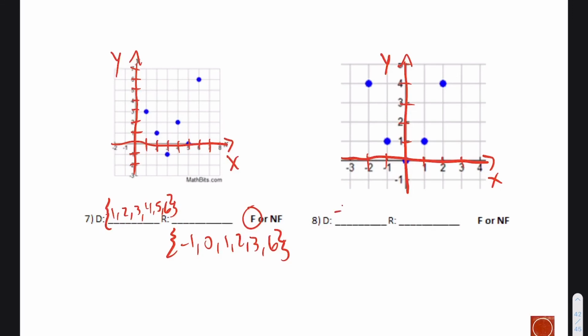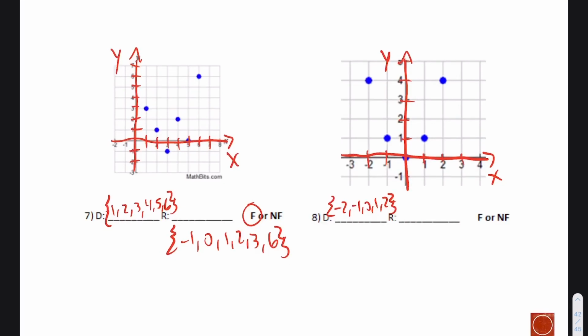So we have -2, -1, 0, 1, 2. Put those in the set notation. Then we are starting from 0, then going to 1, and then up to 4. 0, 1, 4. They need to go in the braces, or else it's not a set. None of the X's had 2 Y's, so this is a function.